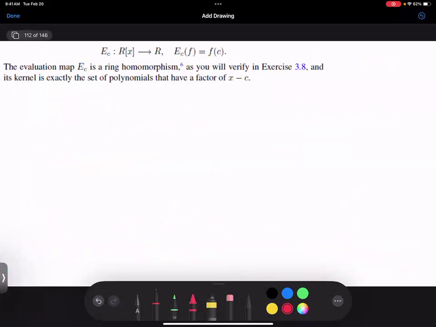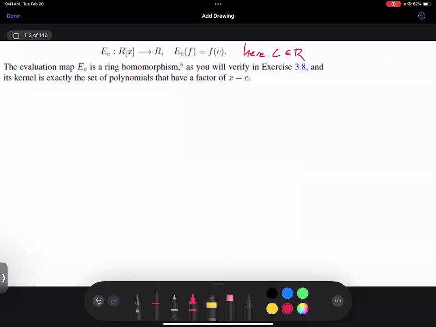Okay. Another example is the evaluation map. I can take this polynomial ring, and I have a map from the polynomial ring to the ring R, defined by taking your function and just evaluating it at the point c, where c is some element in R. The claim is that this is a ring homomorphism.